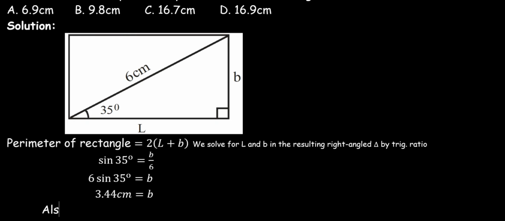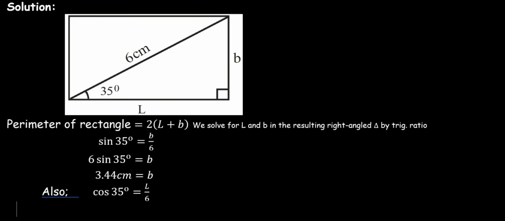Also, from the right angle triangle, cos 35 degrees is equals to L over 6. From SOHCAHTOA, here we use CAH, which is adjacent over hypotenuse. That is why we have cos 35 degrees equals to L over 6.